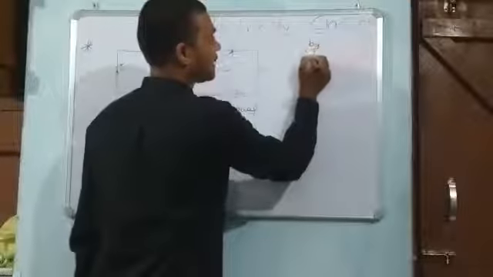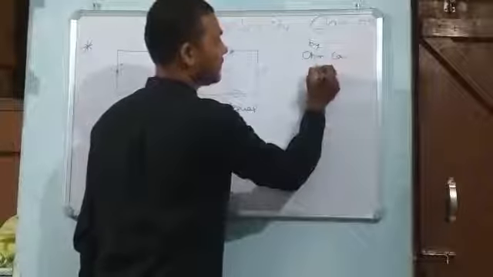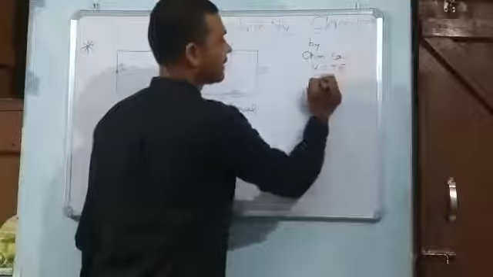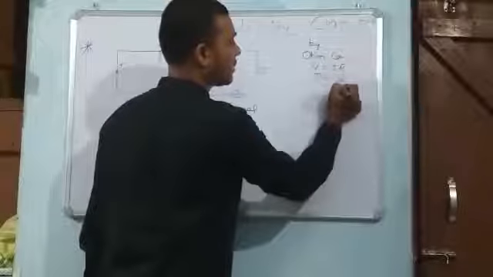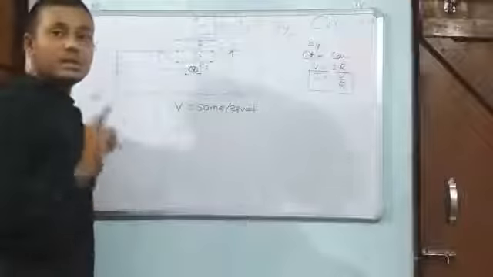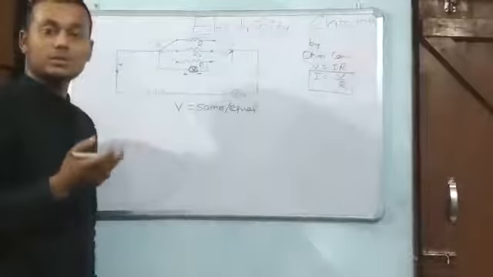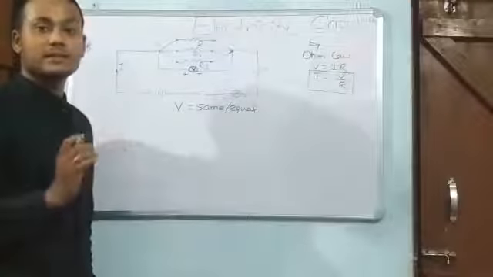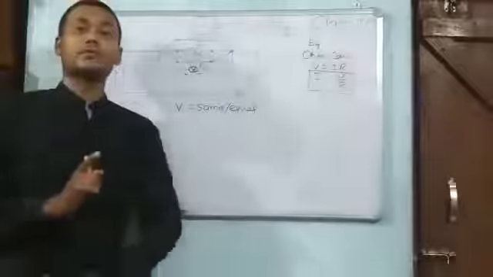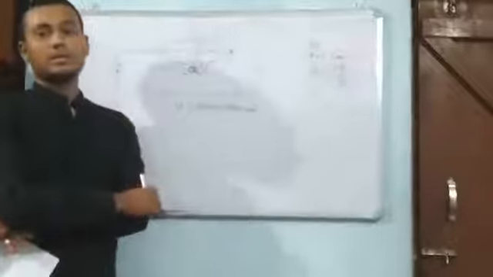So we know that by Ohm's law V is equal to IR and I is equal to V upon R. So the current of R1 is different, the current of R2 is different, the current of R3 is different. It means the current of each resistor is different in parallel combination.